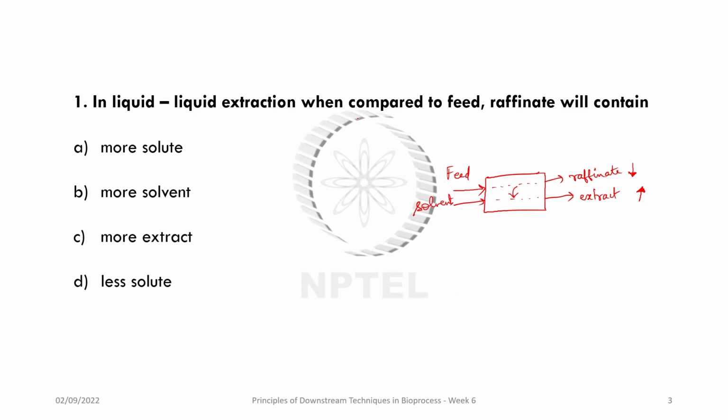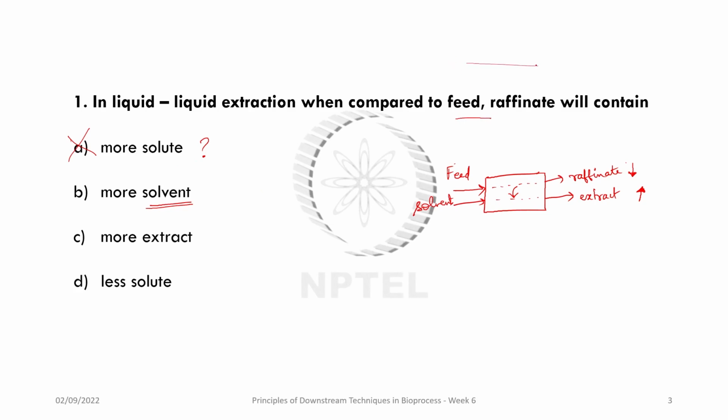In liquid-liquid extraction, when compared to feed, the raffinate will contain more solute. We just discussed that it is transferring the solute from the feed stream to the solvent stream, right? So definitely it's not more solute. And we should not talk about solvent here because that's a separate stream, correct? The feed does not have solvent.